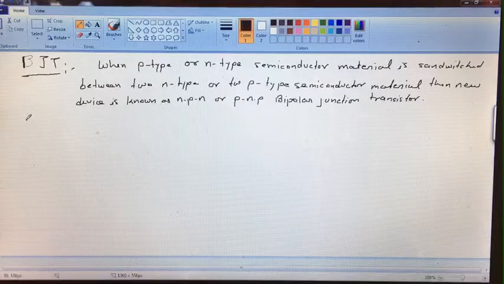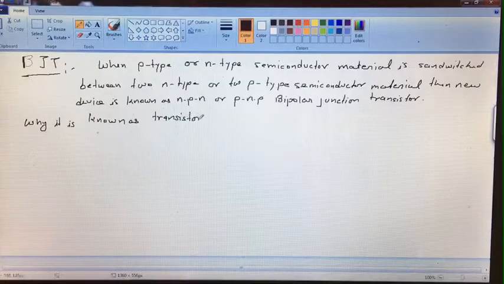Why is it known as transistor? Why it is known as transistor?